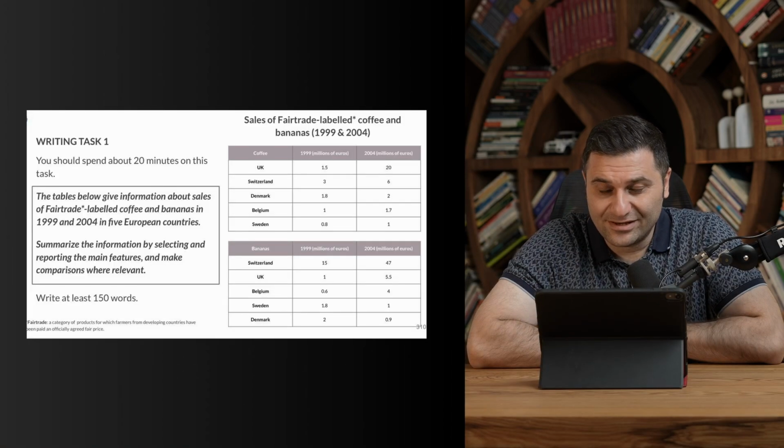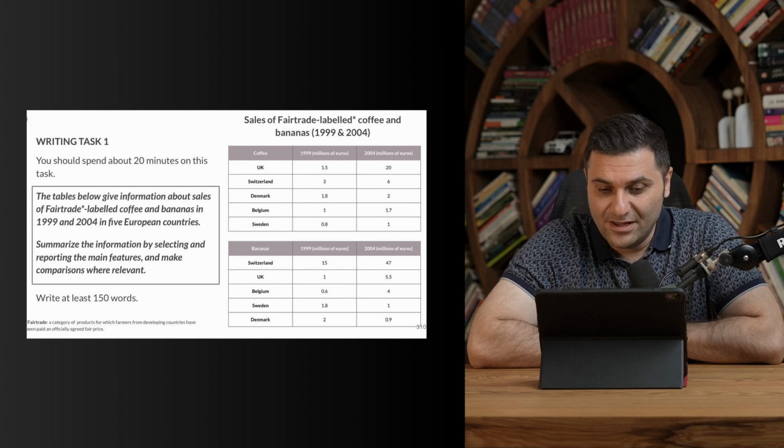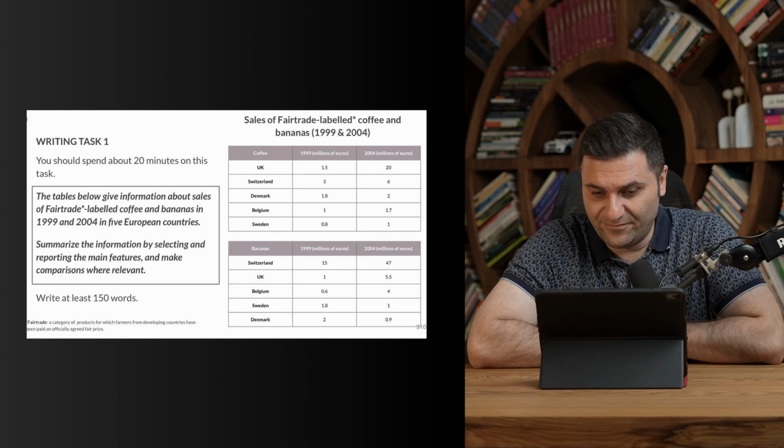Now, let's take a look at an example here. As you can see on your screen, this is a sample question of table. We worked on this question before, writing the overview and the first paragraph. The tables give information about sales of fair trade labeled coffee and bananas in 1999 and 2004 in 5 European countries.